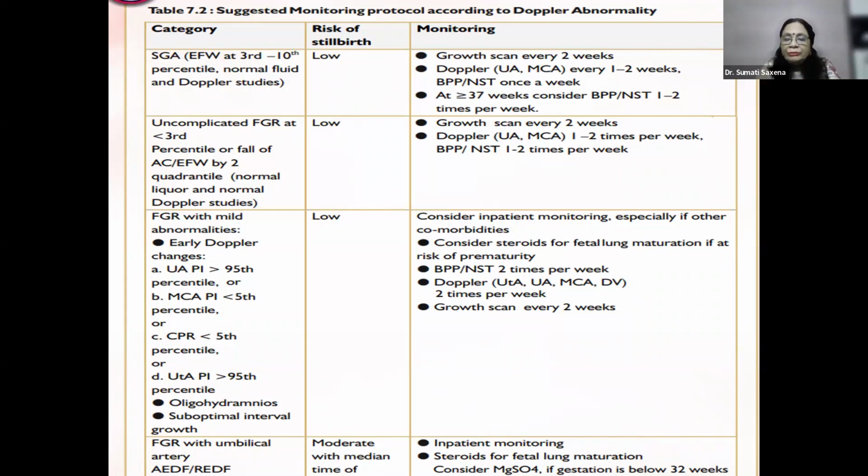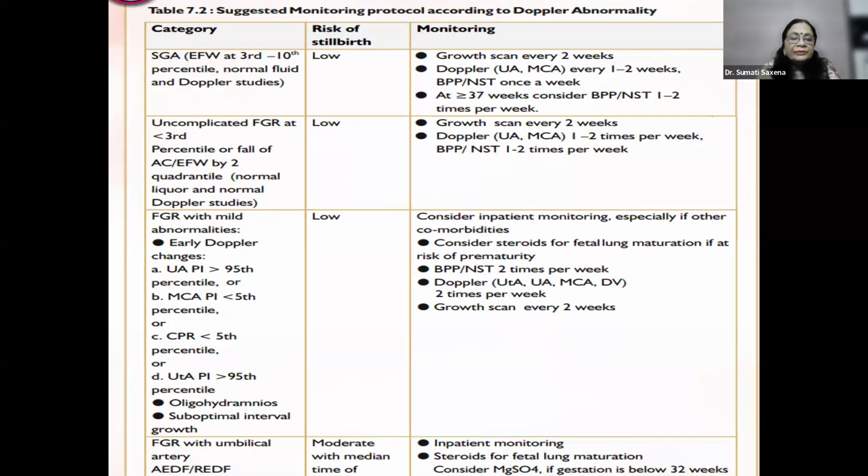You give steroid for fetal lung maturation if at risk of prematurity before 34 weeks, and you do biophysical profile or NST 2 times per week, and Doppler studies are also done 2 times per week, but growth scan is done every 2 weeks.